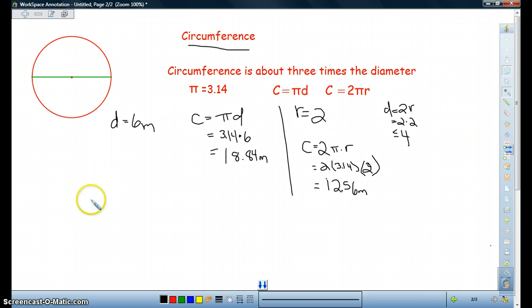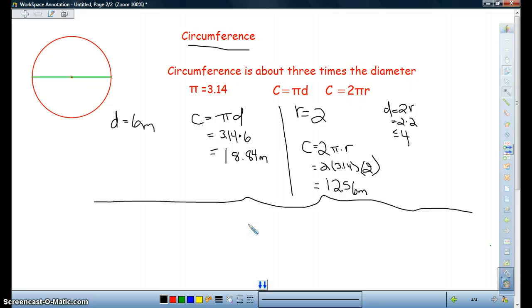The tricky part comes with what happens if we need the diameter and we only have the circumference. We know how much edging we have around the pool, but we want to know how wide it's going to be, something of that nature. So let's say the circumference is 56.